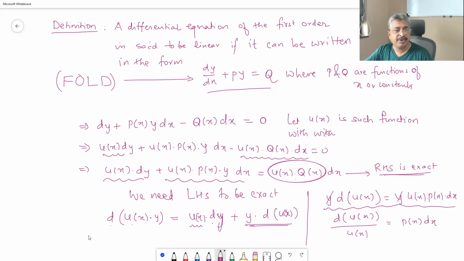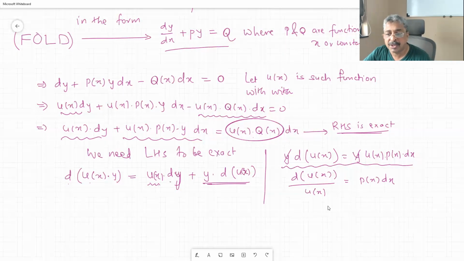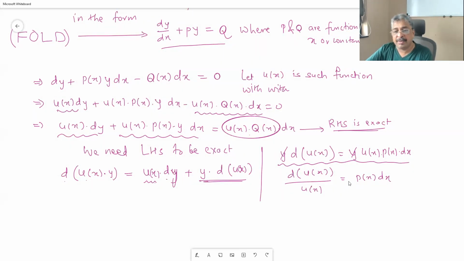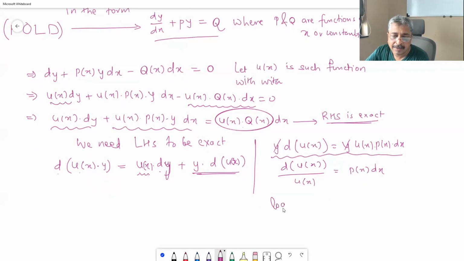That is the expression which we get, and I think getting u of x now is going to be easier because this is a variable separable differential equation. So log u of x is equal to integral p of x dx, and hence u of x is equal to e raised to integral p of x dx.